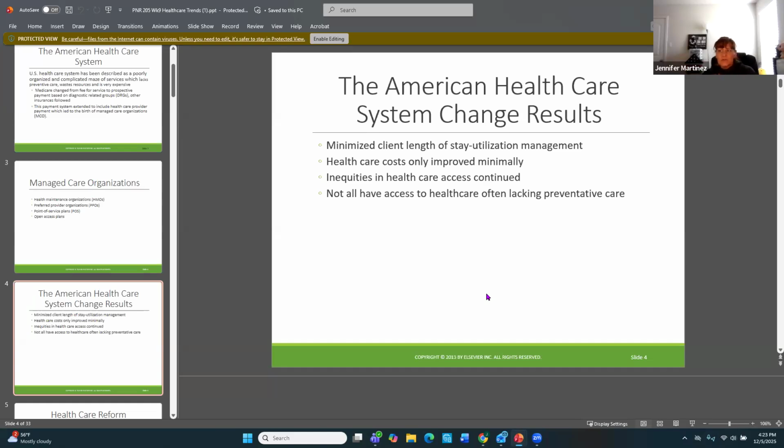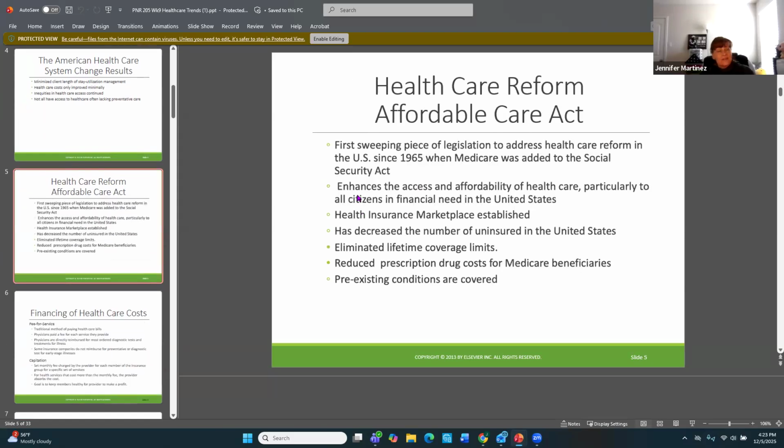The poor struggled with accessing care despite even having health coverage. And so, again, this is all kind of what led to us thinking of the American healthcare system as broken. And in a lot of ways it was. In a lot of ways, honestly, it still is.